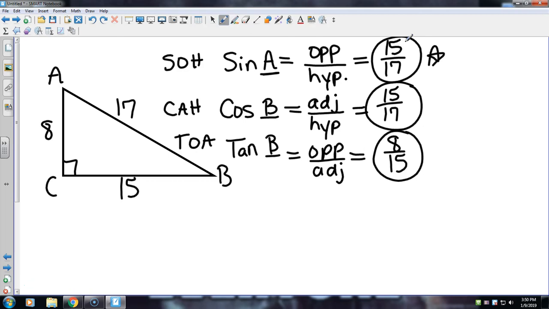So you're finding the inverse sine value of the answer, and you hit enter. And it comes out to be about 61.9. So that tells us that angle A is approximately 61.9. So if I got 61.9 here, we now know angle A plus angle B had to be 90.